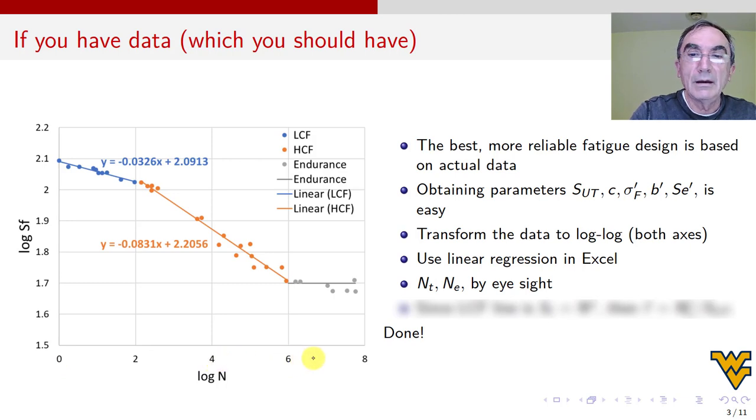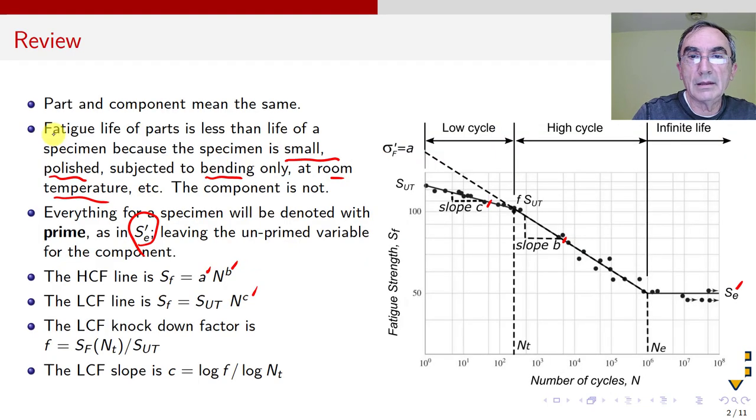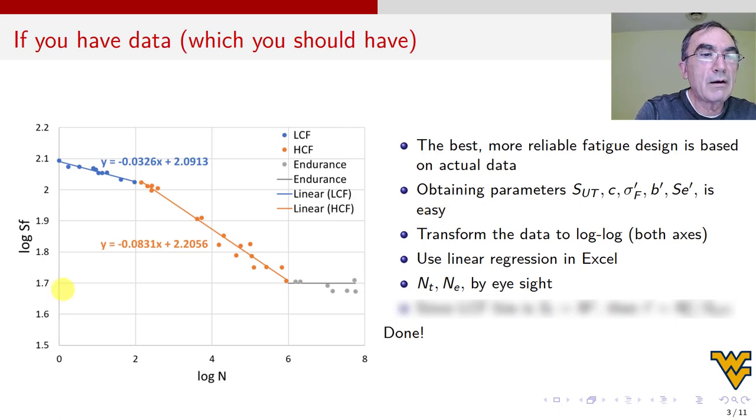Okay, you get it? All right, so then in this axis, before in the other plot, we had 50, 100. Where's the 50, 100? It's gone. So now I got this 1.7, but if you do 10 to the 1.7, that's 50. So this will be the 50, which happens to be this value here. We can label it as E prime because this is for a specimen. But it's not 1.7, it's 50 because you have to take 10 to the 1.7 to get that 50.